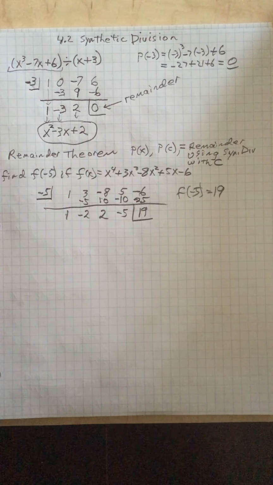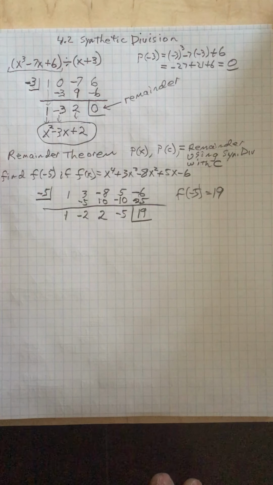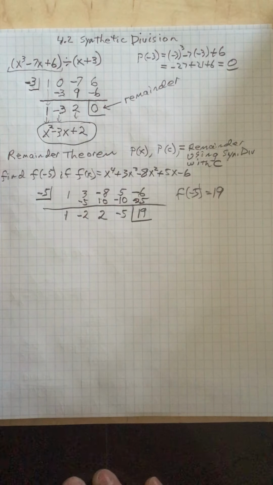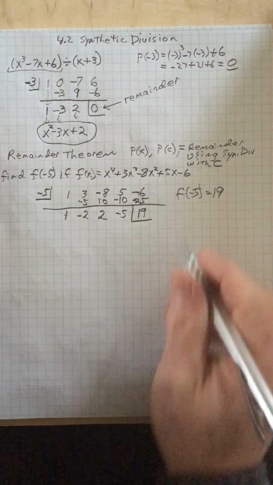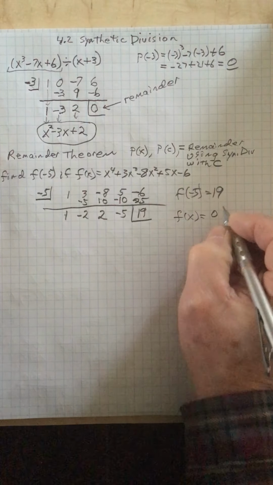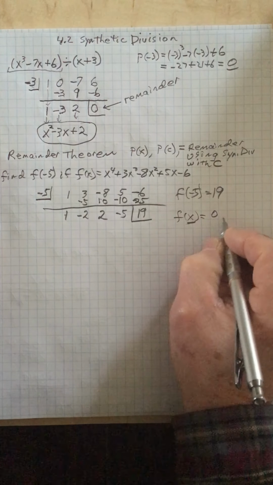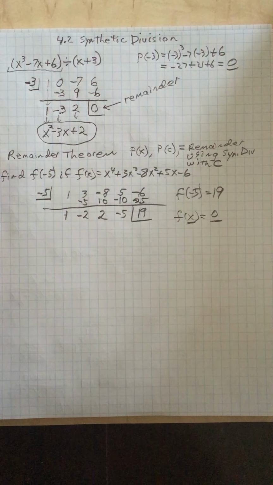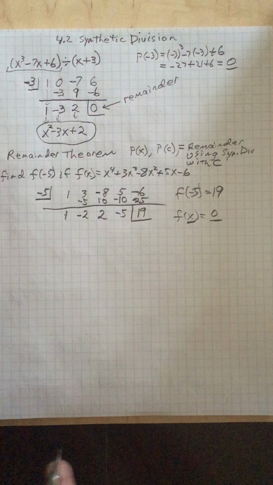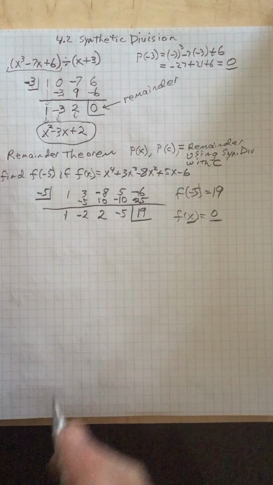One other thing we can do, we can use the remainder theorem to see if a particular number is a root. So again, remember that if I put a particular value in for x and the whole function equals 0, then that means it's a root, right? Because when y equals 0, we're on the x-axis. So we can use the remainder theorem to see if we have a root. So let's try that.